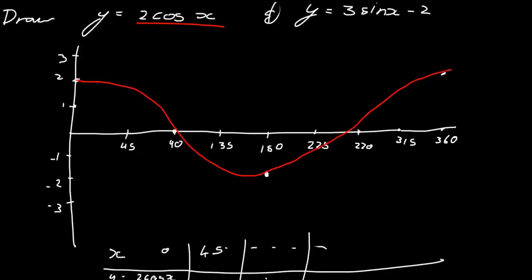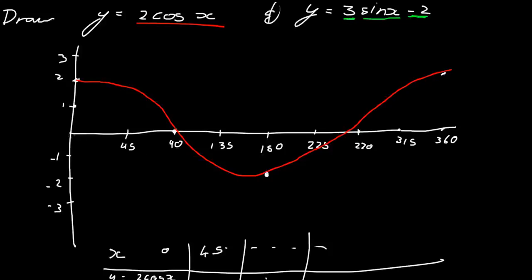Okay, you're going to have to generate a few more points. You're going to have to be accurate because you want to use these graphs to solve equations, so you need to be accurate. The next is the graph 3 sin x. So it's a normal sine graph, except the amplitude is tripled, and then it is shifted down by 2.